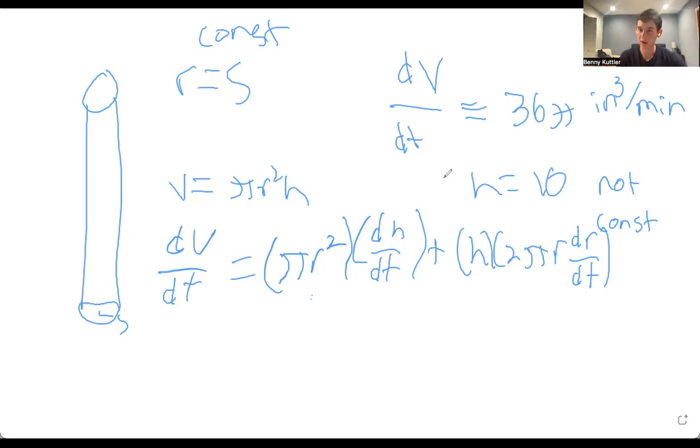And now we plug in what we know and solve for our unknowns. So we know that dV/dt, like up here, is 36 pi. So we'll have 36 pi equals, the radius is always 5. Oh, I think I messed something up. Sorry, we're gonna have to go back here.